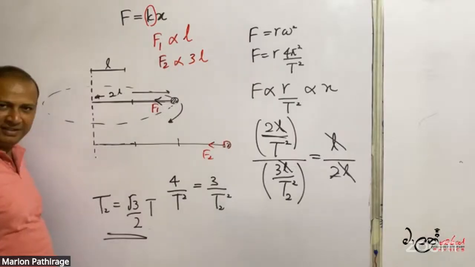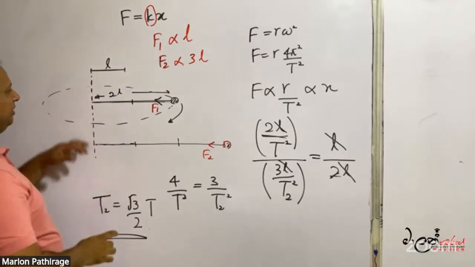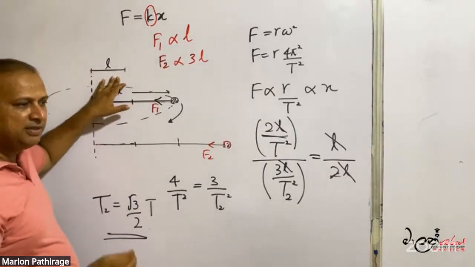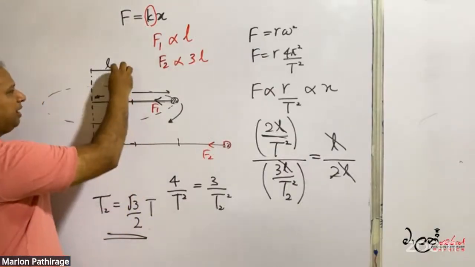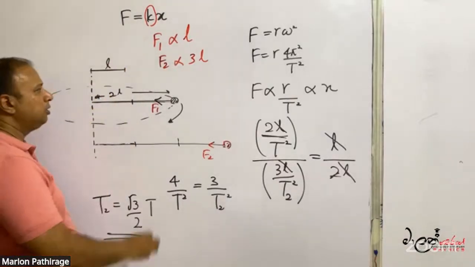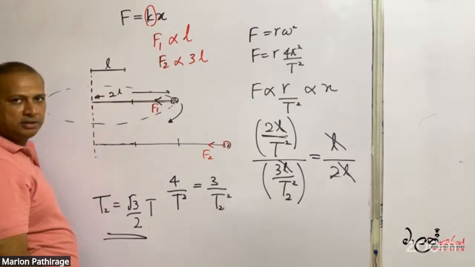Okay, I will explain it again. Look at this one. Now there is a string. This is an elastic string, that means it can be stretched. Now we have attached a ball to this string and rotate it about this circular path.